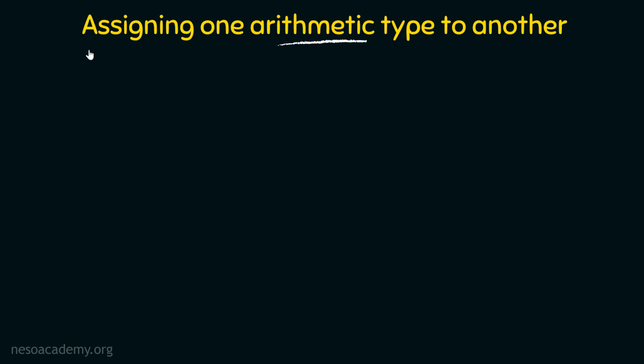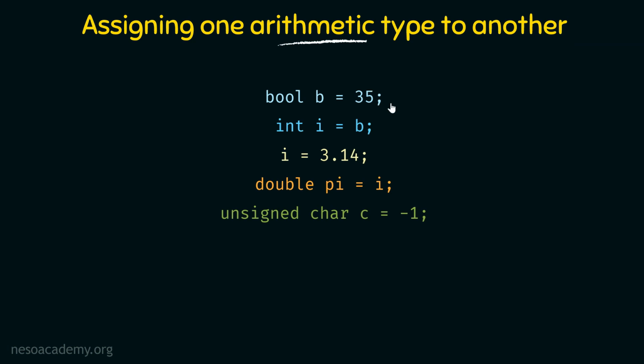We are going to see assigning one arithmetic type to another. That means we have a variable of a particular type, but we assign a value of another type, and we will see what happens. Here are the examples. First, I am declaring a Boolean variable: bool, and the name of the variable is b.